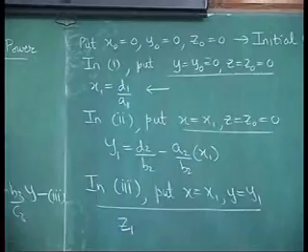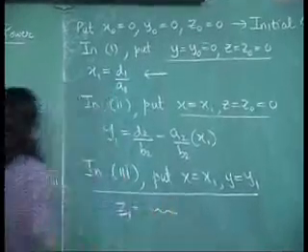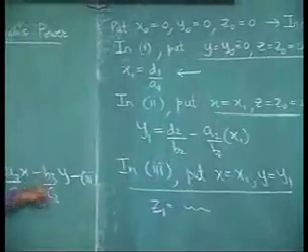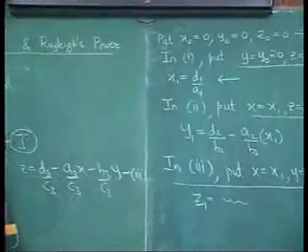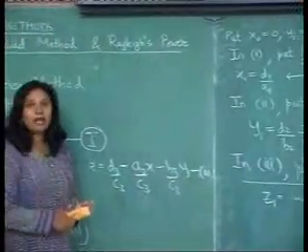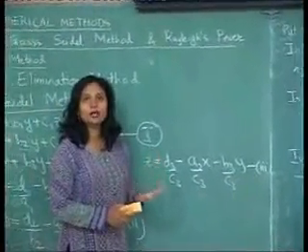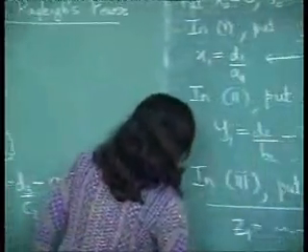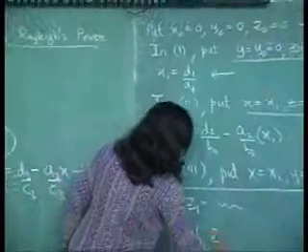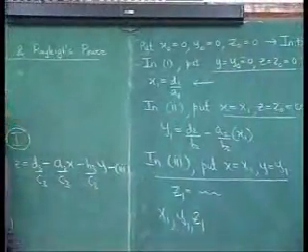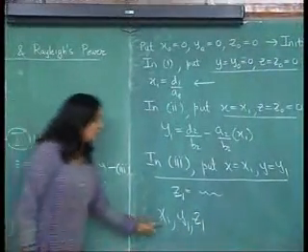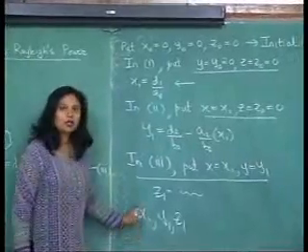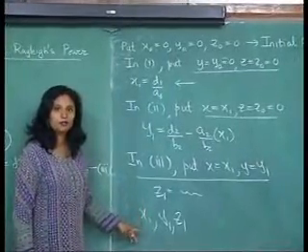So I get some value of z1 from this equation. This is the end of iteration 1. At the end of iteration 1, I have x1, y1, z1. This will be my first approximation to the solution of the given system.